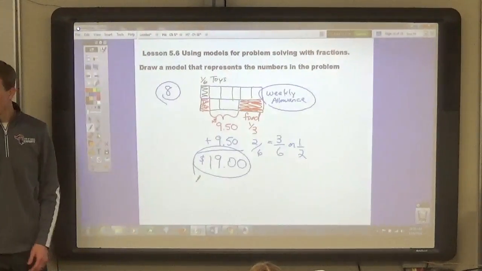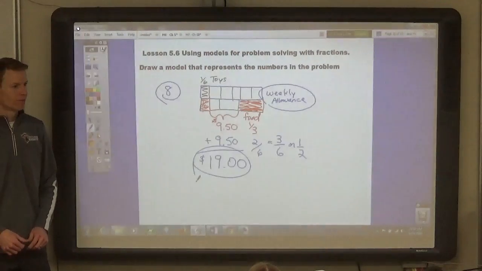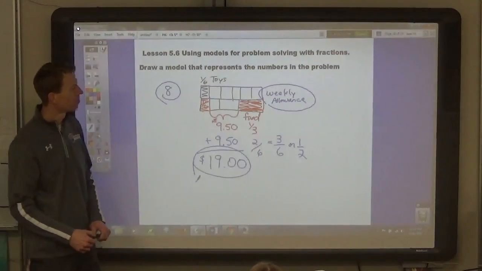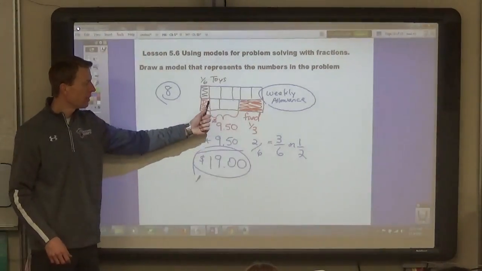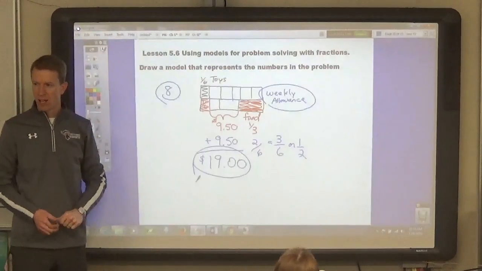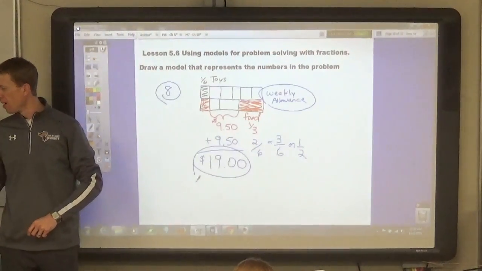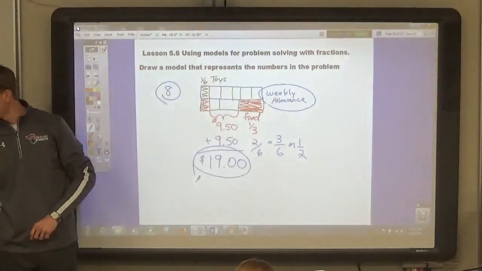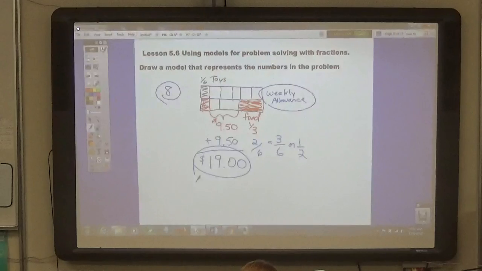Any questions on that one? Okay. So again, this helps you to see that you're going to find the remaining amount, and you're going to have to draw a model on one like this for your quiz tomorrow. Okay? Any questions? No. All right.